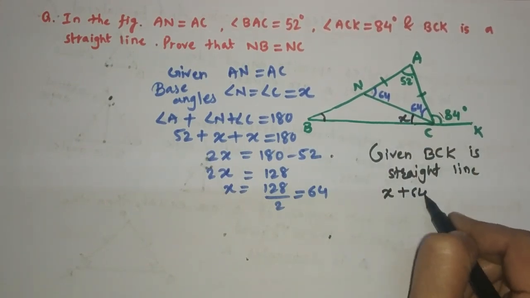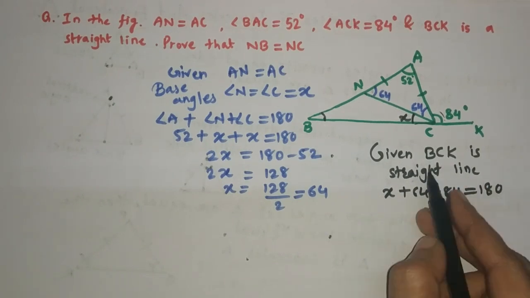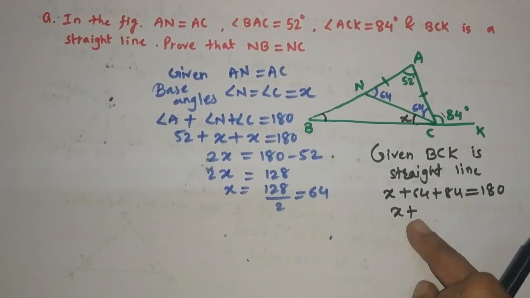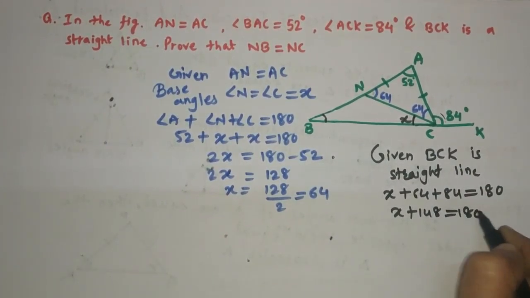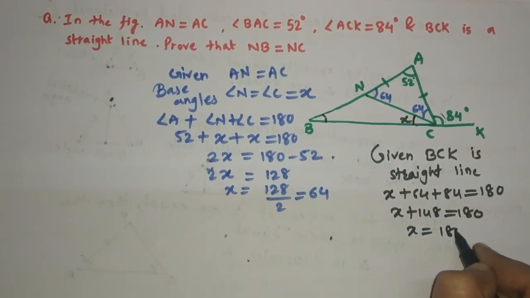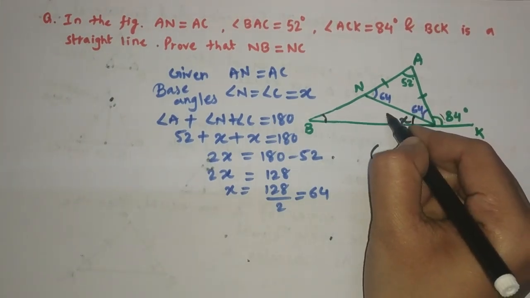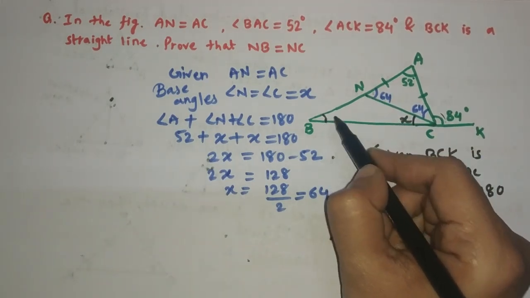So x plus 64 plus 84 is going to be 180 degrees. Adding, 148 plus x is equal to 180. So x is equal to 180 minus 148. So we'll get 32 here. And if this angle got 32, this also we need to get as 32.